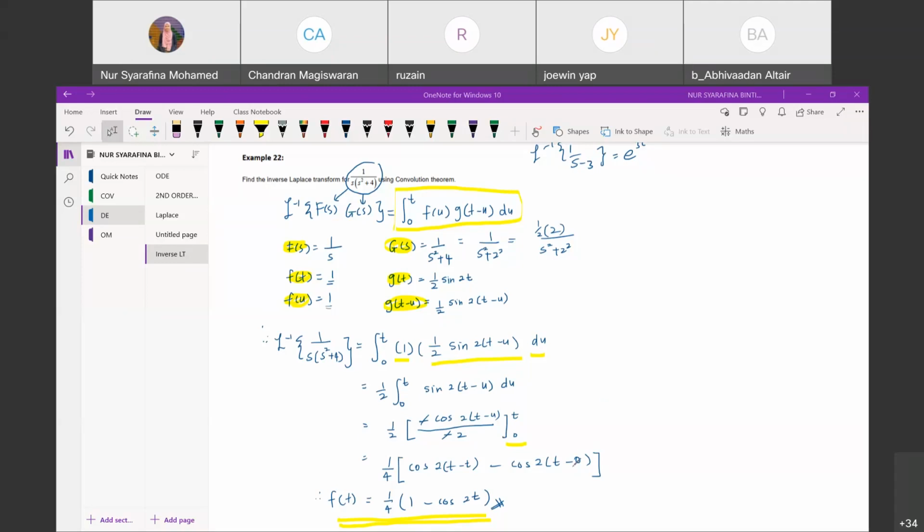Now you have done with how to transform and inverse transform. I hope you can try the rest of the exercise before we proceed with applying the transformation to solve differential equations next week.